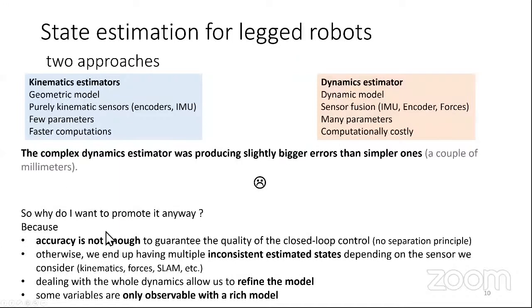What I want to present is that I would still promote it even if that were the case, because being accurate or precise is not enough to guarantee the quality of the closed loop control, especially in nonlinear dynamics. In linear dynamics, we have the separation principle, where we can separate the estimation and the control.